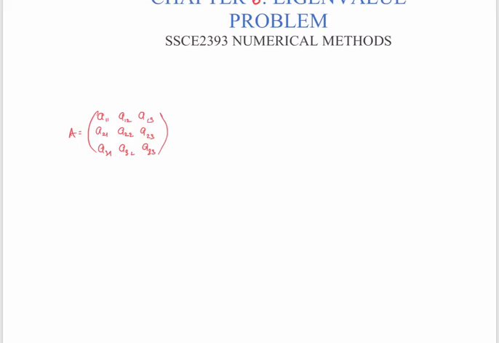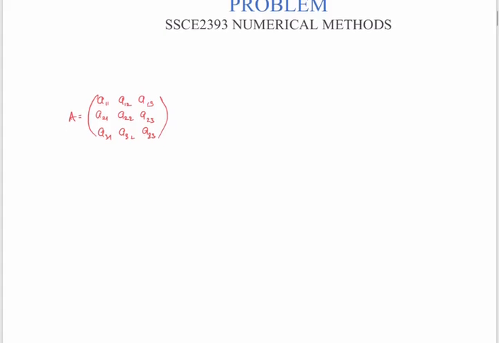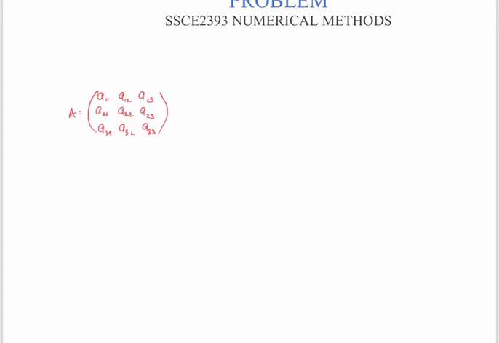The first thing that we must know is that this A must be a symmetric matrix, because we will later on discuss a theorem, and that theorem states something about the eigenvalue.